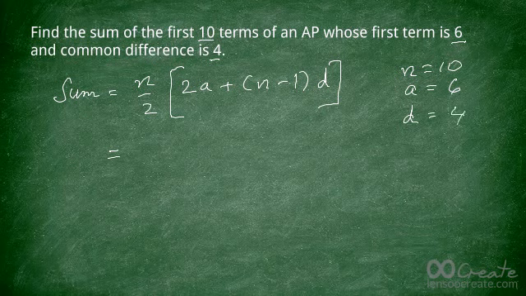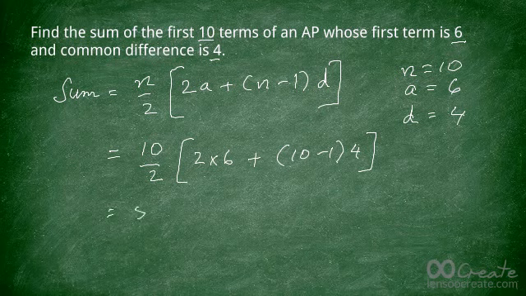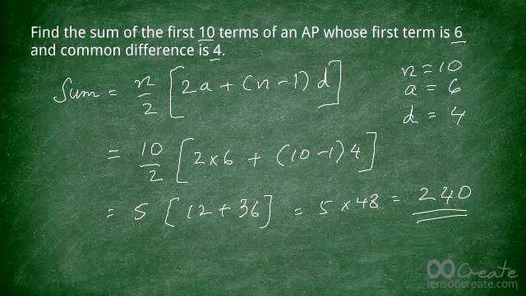We plug in these values in the formula. So we get 10 upon 2 into 2 times 6 plus 10 minus 1 times 4. That gives us 5 times 12, plus 9 times 4 is 36. 36 plus 12 is 48. So we get 5 times 48, which is equal to 240. So the answer to this question is 240.